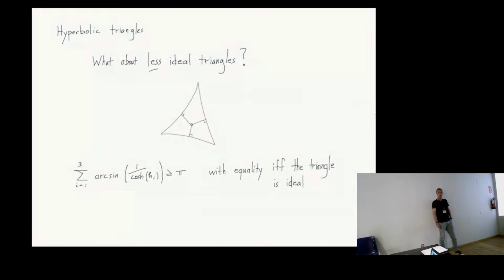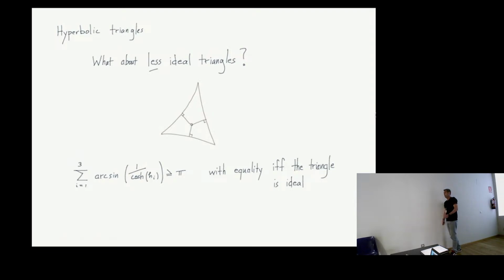Okay. So, what about less ideal triangles? So, anyways, what about less ideal triangles? You can look at any hyperbolic triangle and ask the same question, and you look at the sum of the heights, and in fact, you get an inequality. This is sort of similar to what happens for Viviani's theorem.